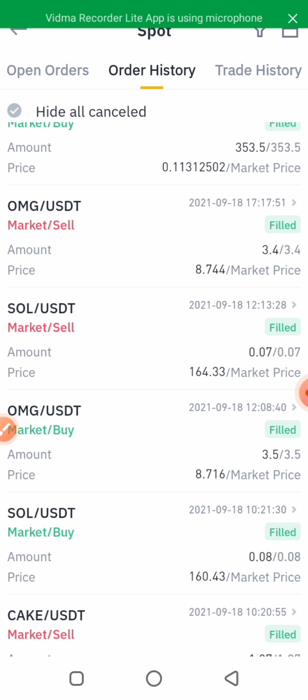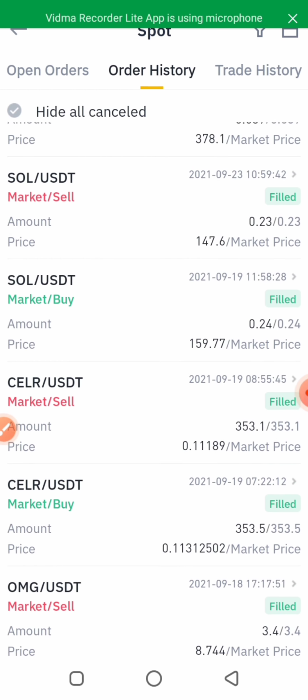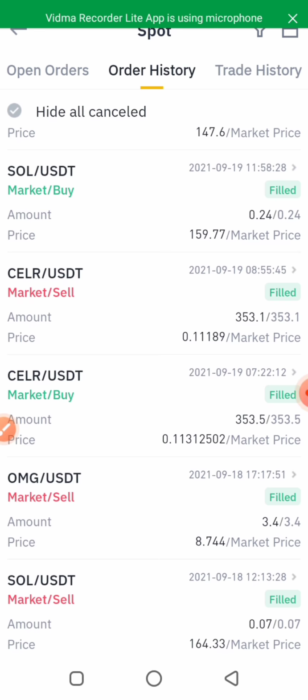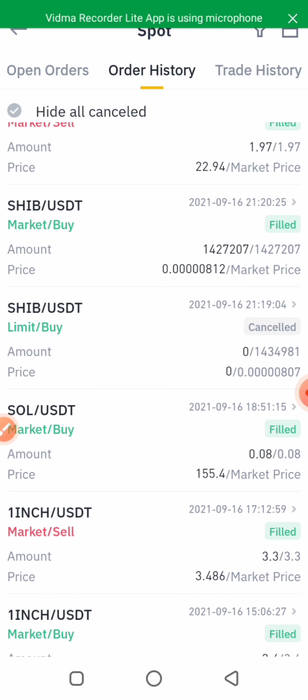So it places the order and sells it off using a market order. The same thing goes for when it wants to buy. As soon as the pullback is activated, it buys instantly. So that is why all these trades here are the trades that the bot executed.